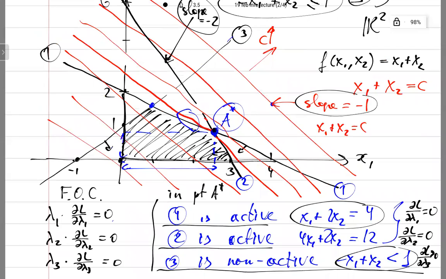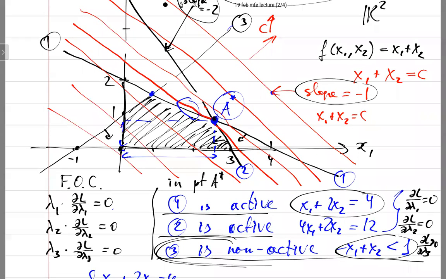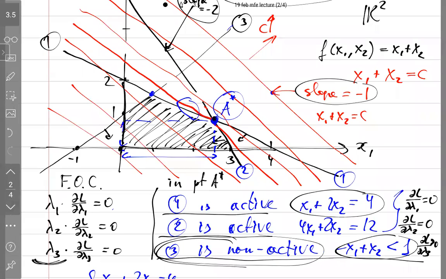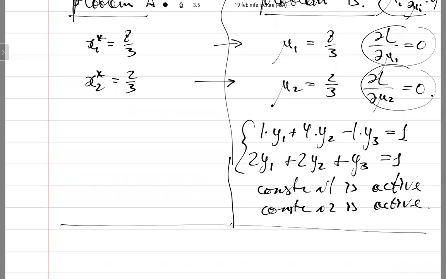So if constraint is non-active, what can I conclude about lambda 3? It's 0. But who is lambda 3 for the problem B? Y3. Constraint number 3 is non-active, lambda 3 is 0.